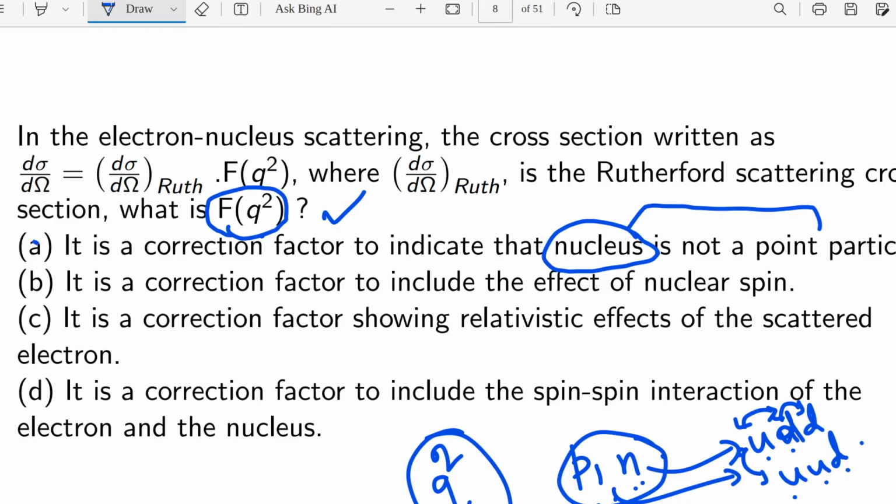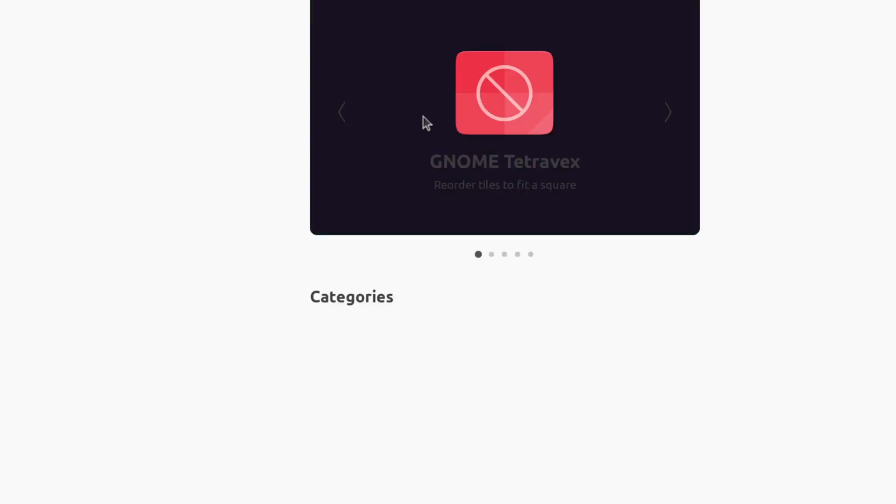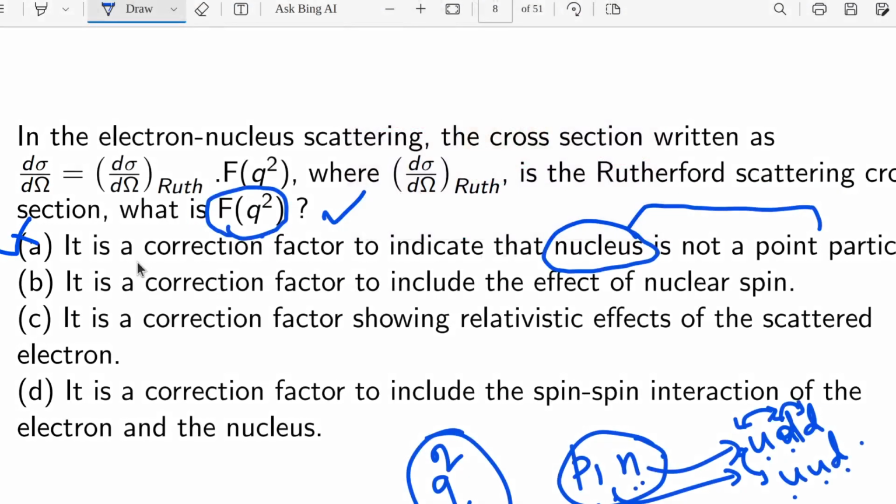So the correct answer will be A, that the form factor is a correction factor which indicates that the nucleus is not a point particle. And none of the above will not be the correct one. Okay, so the correct answer will be A.